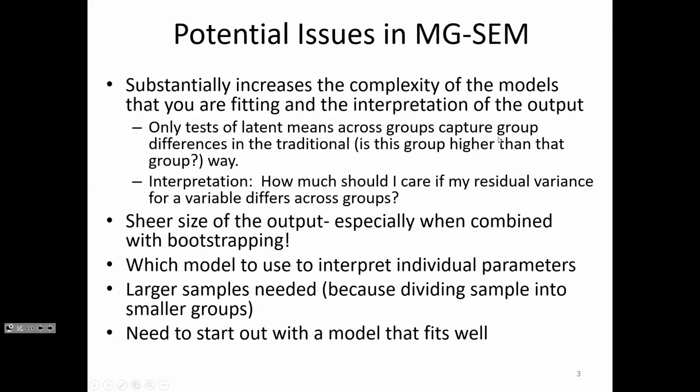When I say separately, I don't mean that literally, because this is a simultaneous model. We're modeling the whole thing simultaneously, but we are estimating separate parameters for each of our groups. So you can't have 20 people in a group and estimate 30 separate parameters for a group of 20. Nor should you probably estimate 30 separate parameters for a group of 40, even though you could potentially do it. It's still probably not a great idea.